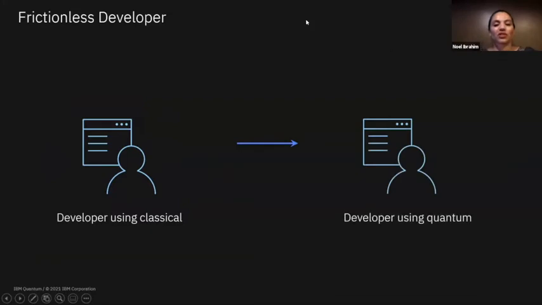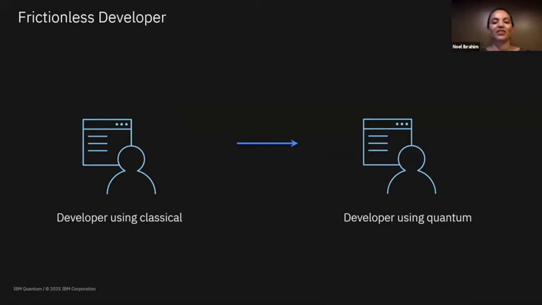The frictionless developer environment that we're aiming for aims to create tools, as I said earlier, that classical developers are already using, such that classical developers can develop using quantum algorithms in a frictionless way, i.e. there would be little to learn in terms of the language and in terms of building the applications.